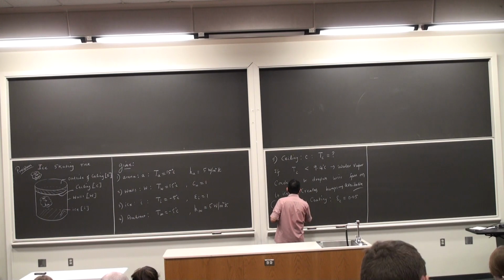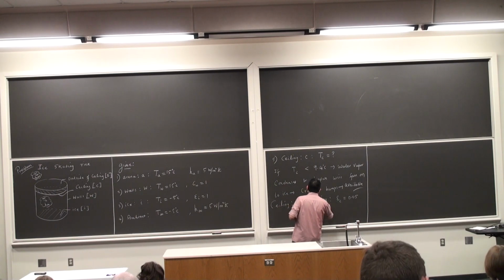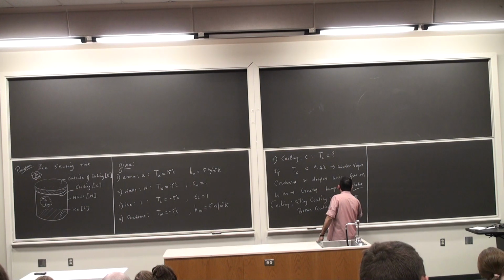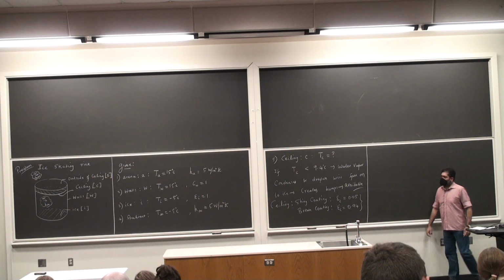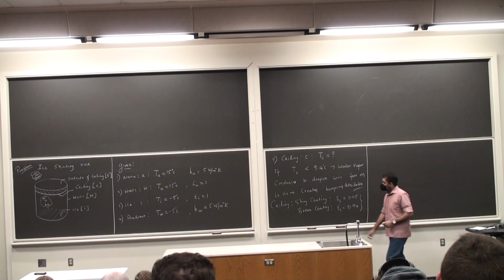If you choose a brown coating, epsilon of the ceiling is 0.94. Okay. And so the choice is okay.